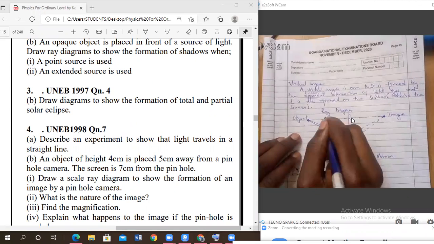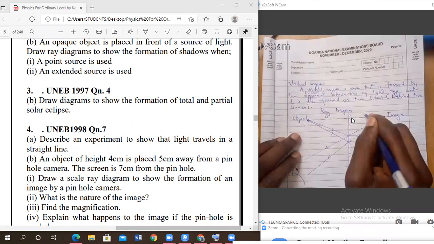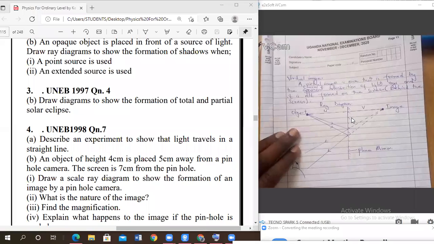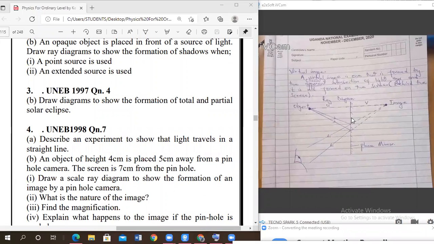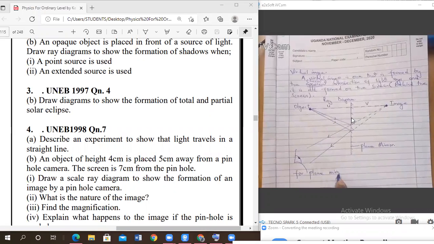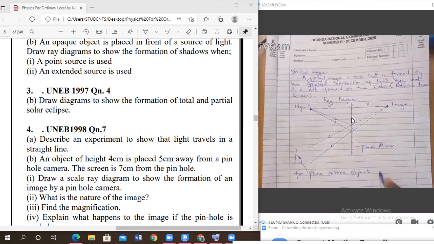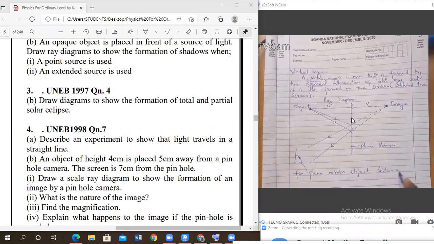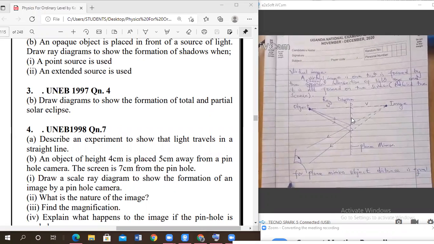So this is our U, this is our V. So for plane mirrors, object distance is equal to image distance.